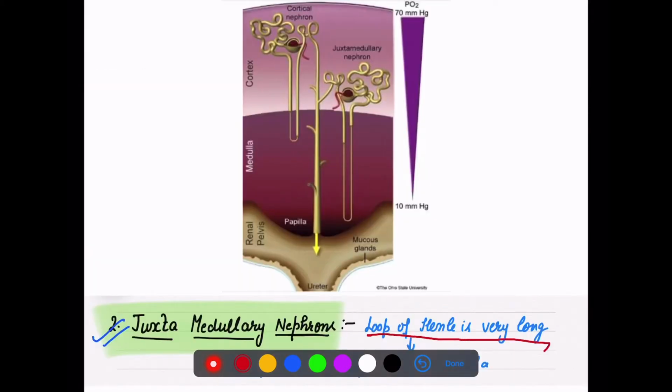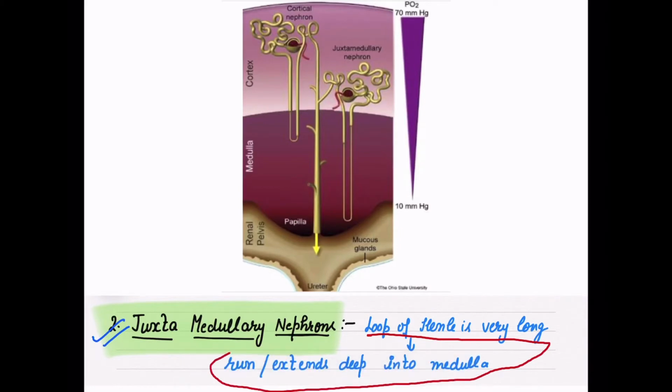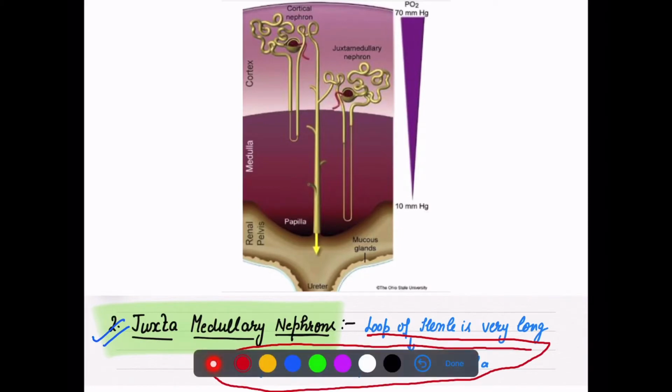Juxtamedullary is the one in which the loop of Henle is very long and runs deep into the medulla. Just look at this diagram, you will be more clear. As you can see, these are our cortical nephrons. Only a very short portion of the loop of Henle is in the medulla area, and if the nephron is a juxtamedullary nephron, then the larger part of the loop of Henle is so long that it extends completely deep inside the medulla, right?